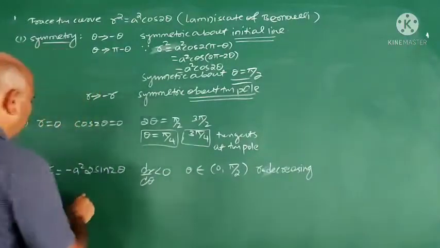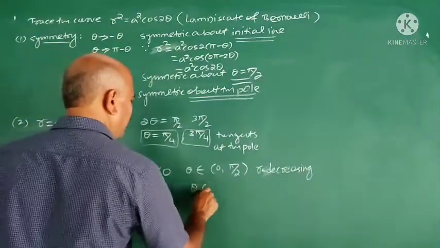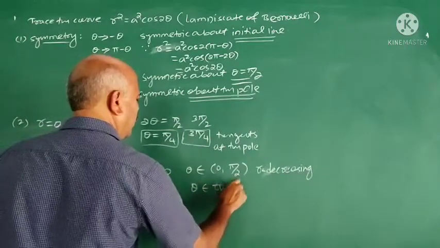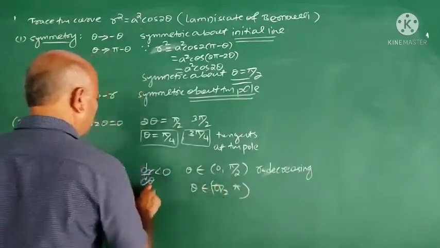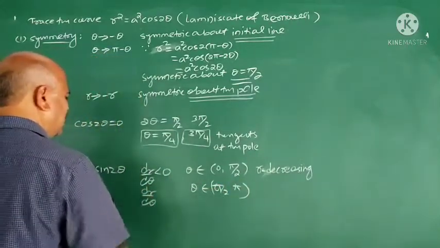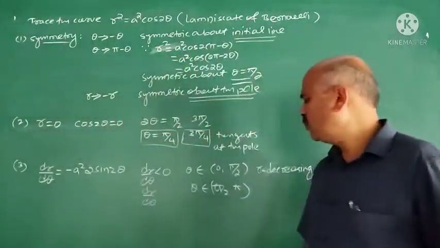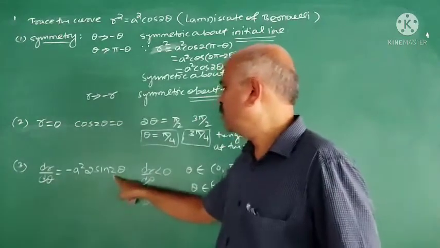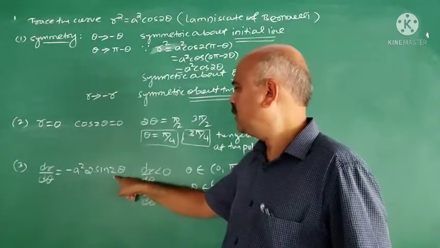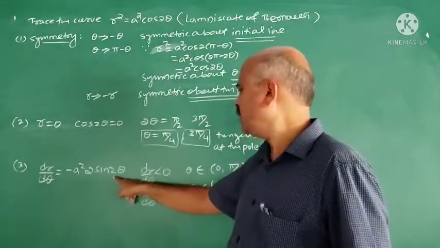And pi by 2 to pi, dr by d theta is again negative. Suppose theta is pi by 2, you will get pi, and pi means 2 pi.